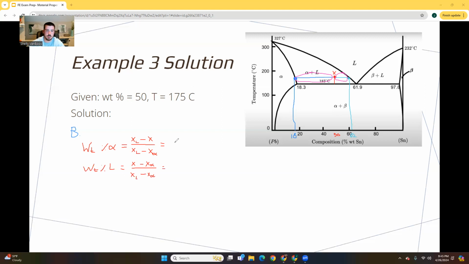If we plug these in, we have XL 62 minus 50, our X value, over 62 minus 18. With this, we should get around 27% as our percent weight alpha.